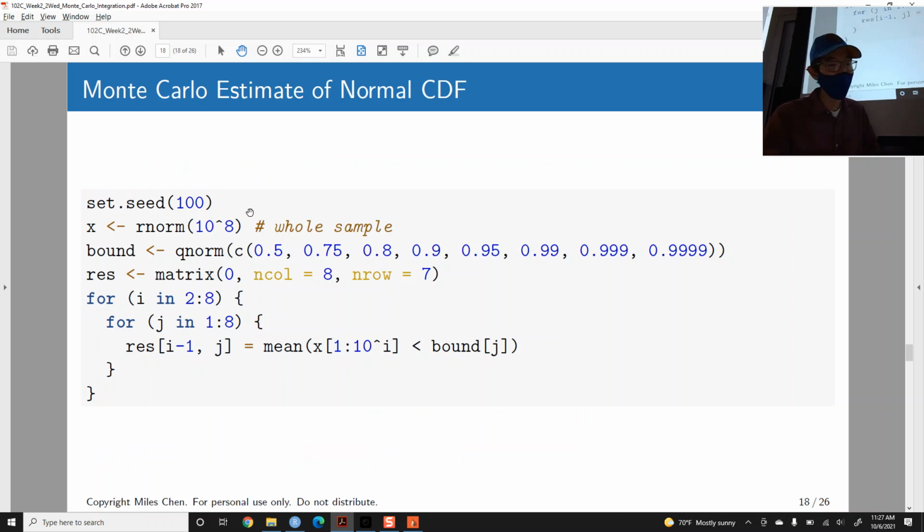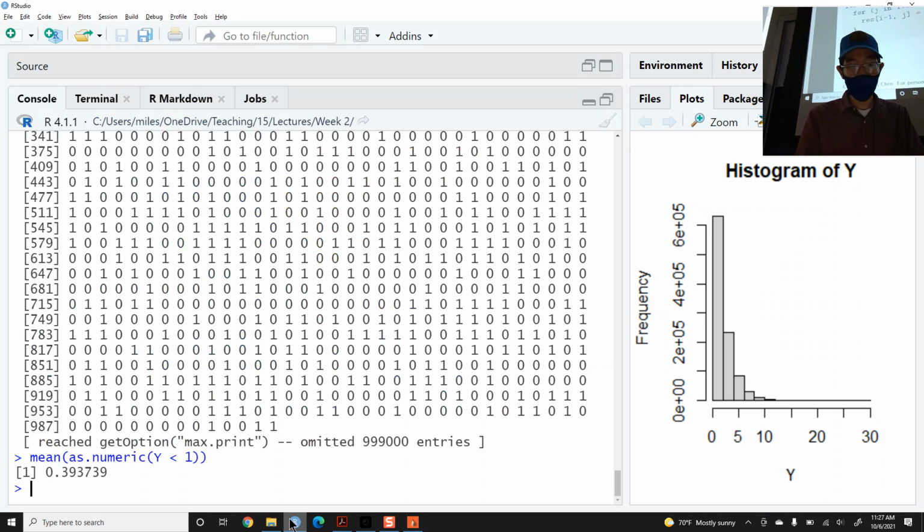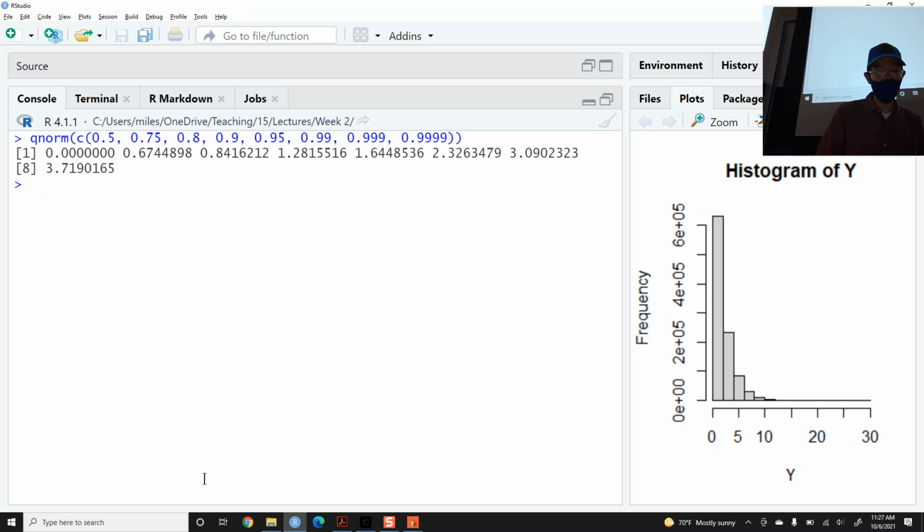Here I said I'm going to generate 100 million values. Then I want to figure out what proportion is less than the boundaries given by q norm of 0.5, 0.75, 0.9, 0.95, 0.99, the z-scores. If you want 50%, you'd use z-score equal to 0.